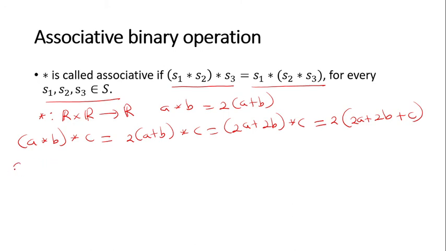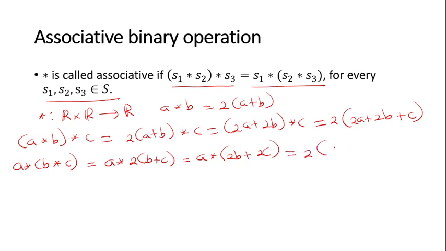Then I am going to evaluate a star (b star c). b star c can be written as 2 into b plus c, so this is a star 2b plus 2c, and according to the definition this simplifies to 2 into a plus 2b plus 2c.